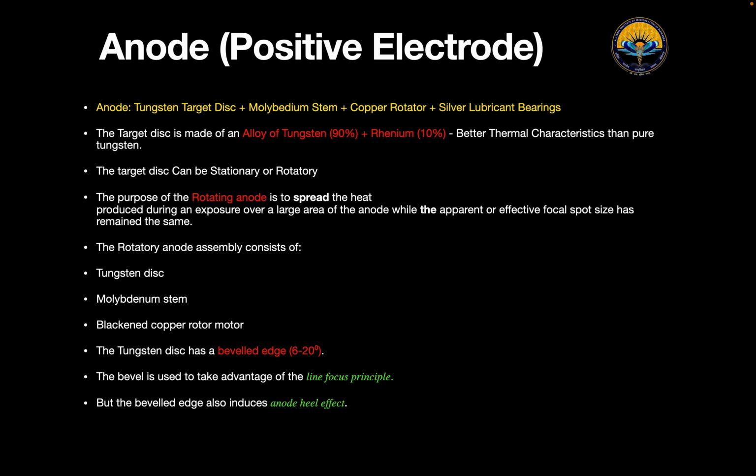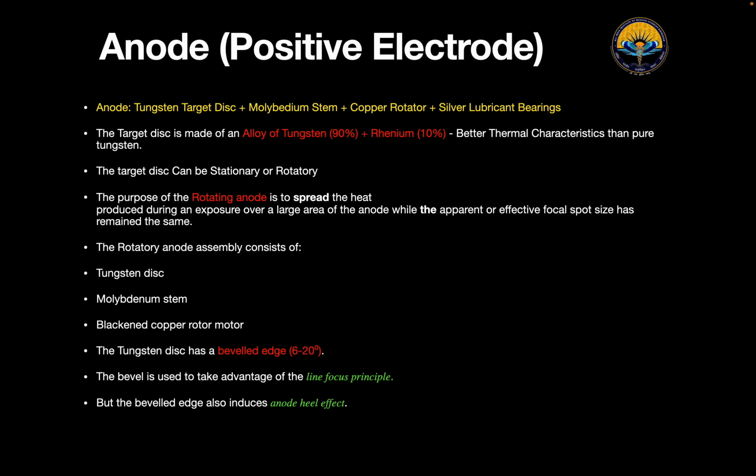Anode, basically rotatory anode. We can have a stationary or rotatory anode. We prefer rotatory anode. So the rotatory anode will have a target disc and a molybdenum stem, but it will also have a copper rotator, and this rotator will move because of the bearings, and all these bearings are lubricated by liquid silver.